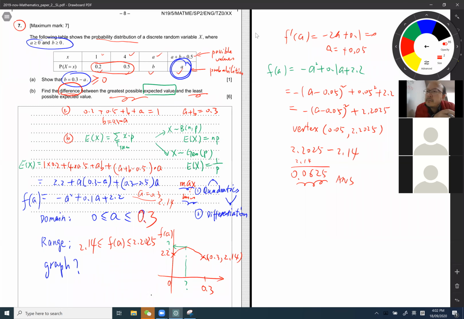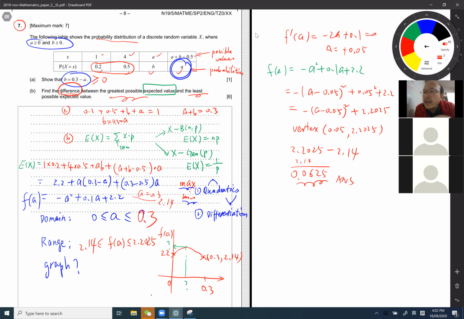If you guys got any specific question during revision from past papers or from school, just take pictures and send to me. If I feel the question is very typical, I'll forward to other students so that everybody can try. So this is question 7.